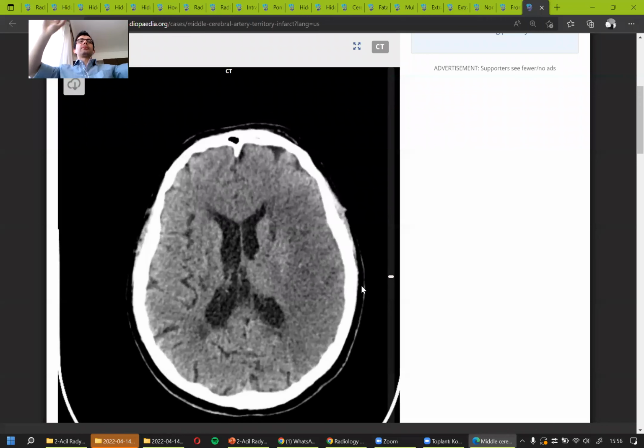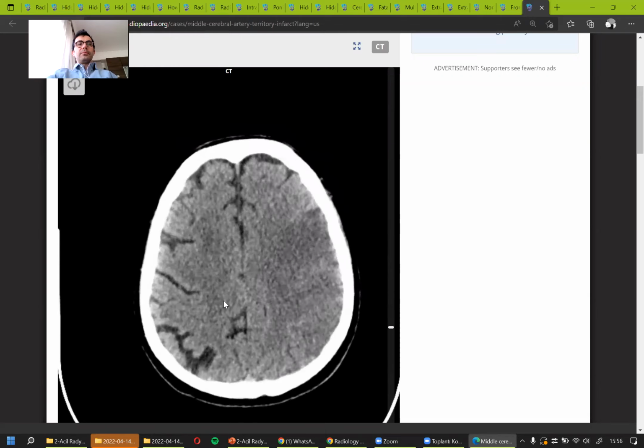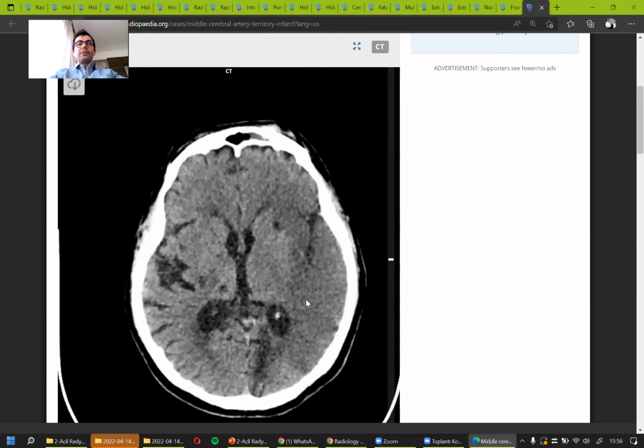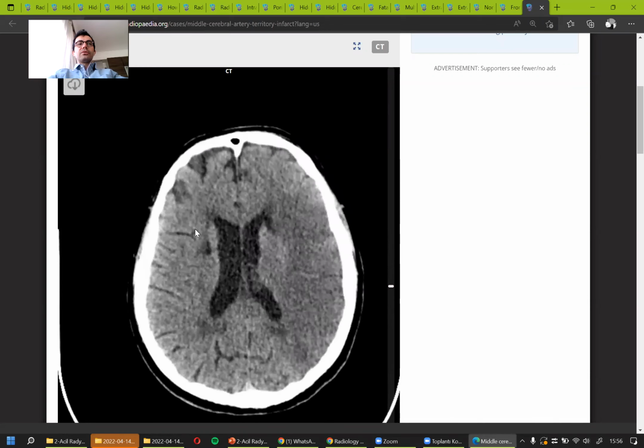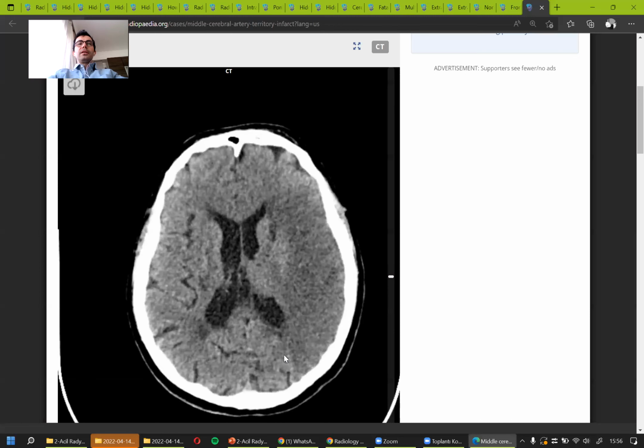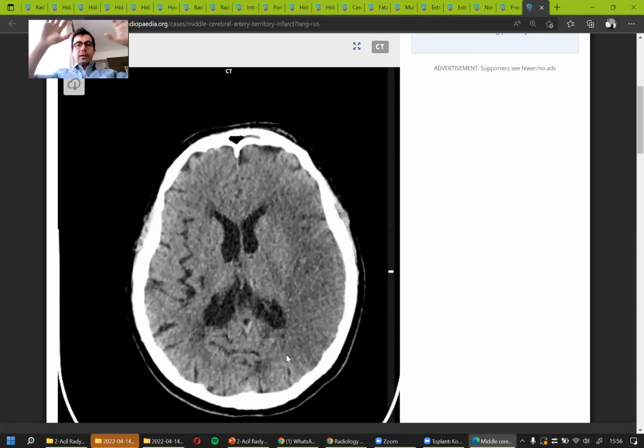Let me stop here. So, when I'm looking at the sulcus on both sides, I can see the sulcus and the white and gray matter on this CT scan pretty nicely on the right side, but not on the left side, right? Where is this sulcus on the left side? So there is some area of swelling in the brain, but this time not global.